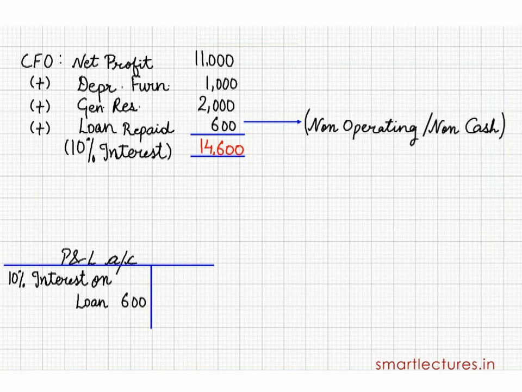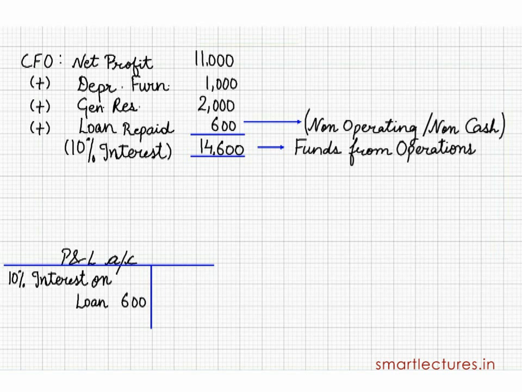But still we have to add or deduct the changes of current assets and liabilities. Before that, this net profit is called funds from operation, or otherwise I can say net profit before working capital changes, whatever you like or whatever your school teacher suggests. But I am going to call it funds from operation.